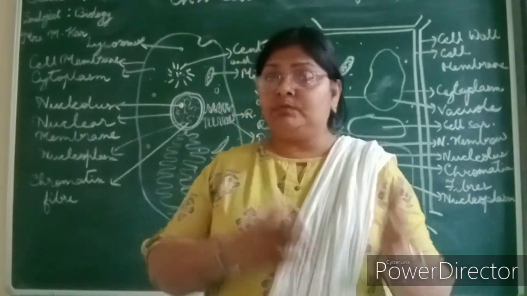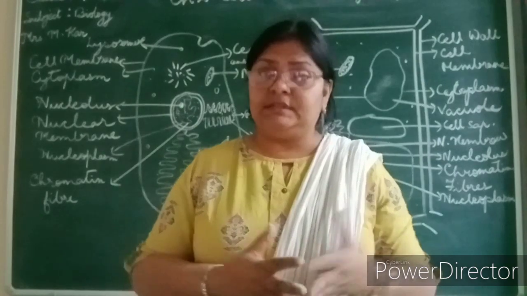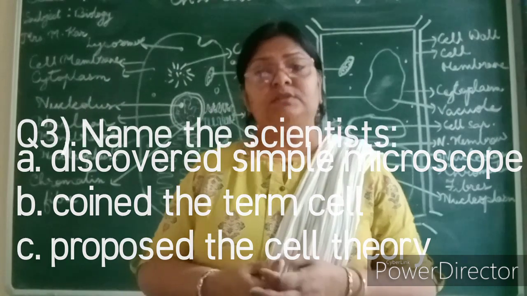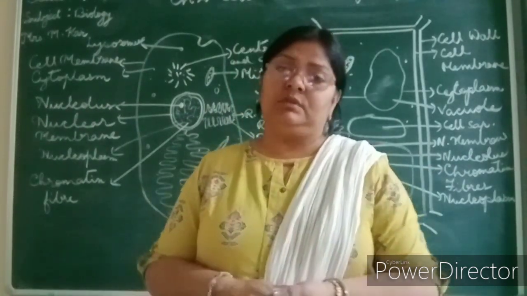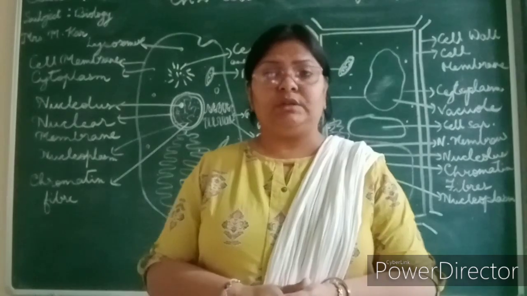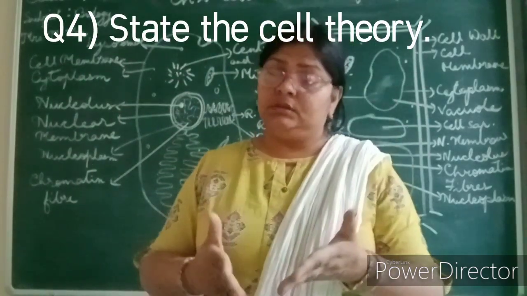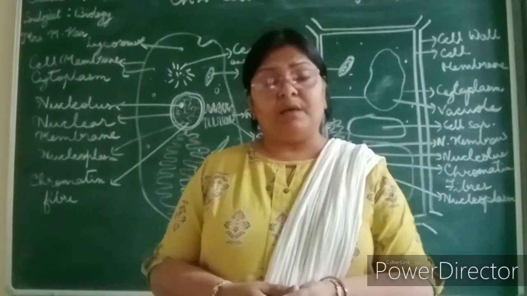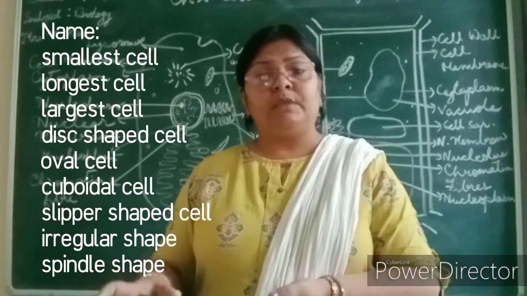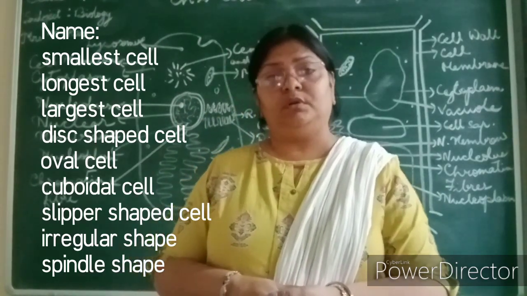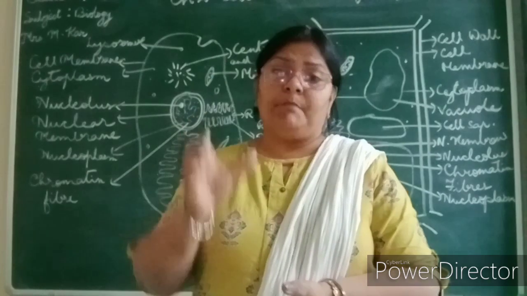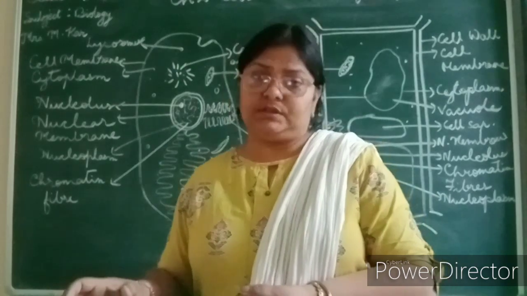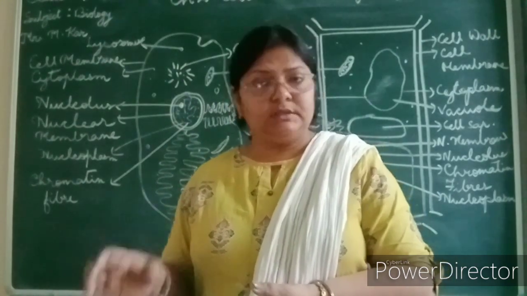Now for the smaller things, like the discoveries that we talked about in the initial stage, see that you learn the names of the scientists and the cell theory, and write down what the cell theory states. For the shapes and sizes of the cells and the examples, please make a table again. For the different shapes of cells, write the example, and how that shape helps that particular cell.